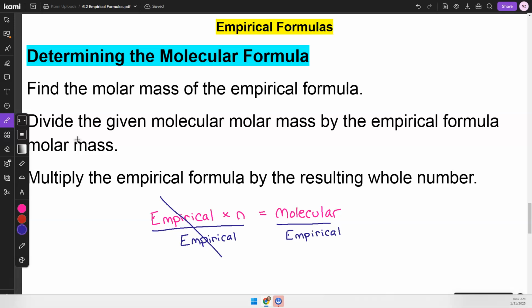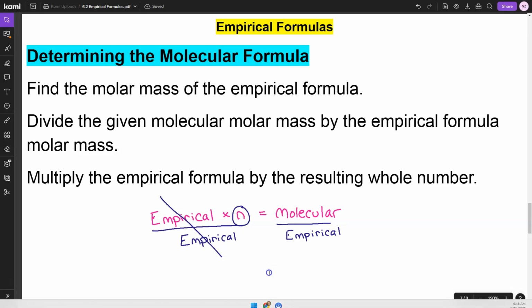These would cancel out. So that multiplier is going to be equal to the molecular over the empirical. And that's exactly what the directions are telling us to do here. So let's go ahead and give that a shot.